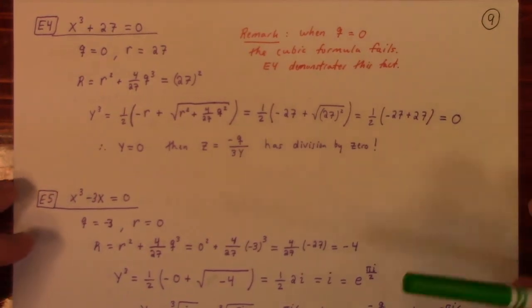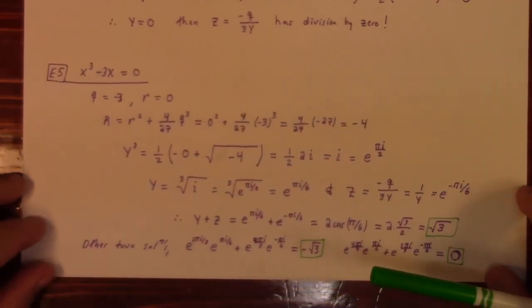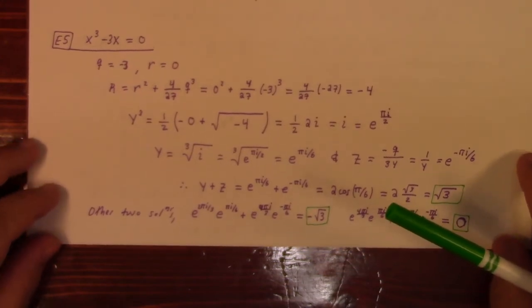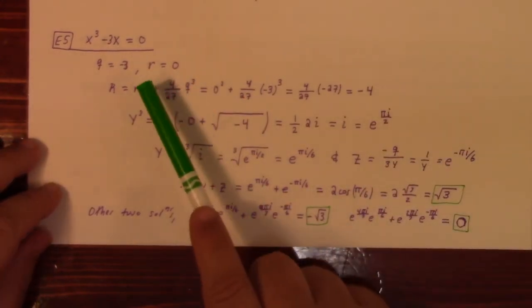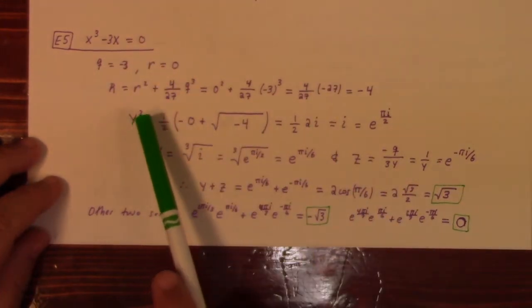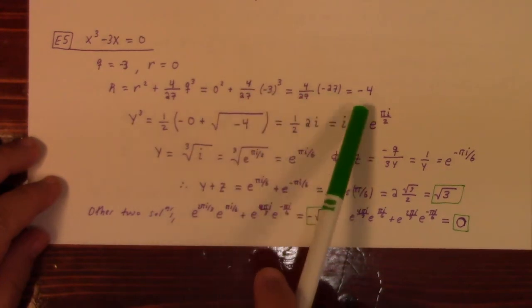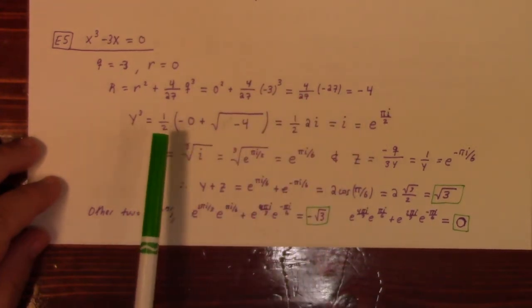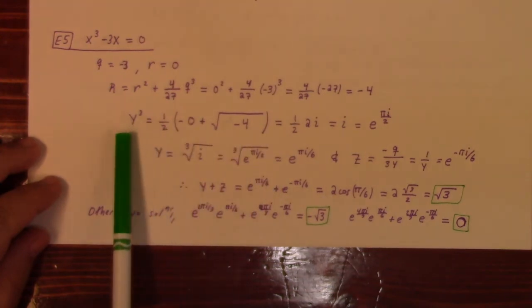All right, example 5. Here's one where r is equal to 0, but q is not 0: x cubed minus 3x. My big R works out to minus 4. And so what do I get? I get big y cubed is equal to i.